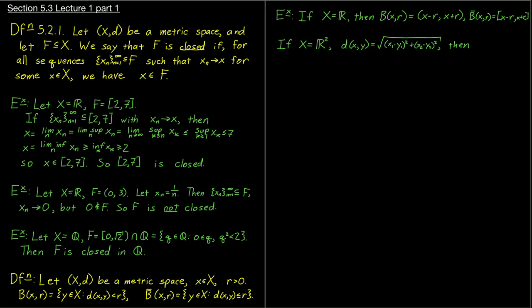We're going to start with our point x here. Then you draw the circle around it of radius r. And then the open ball is you just fill it in. You get everything inside, but not on the boundary.